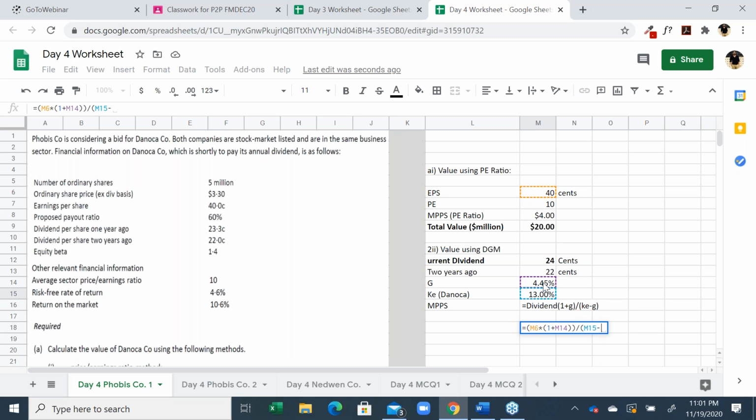From the cost of equity, we need to subtract the growth rate, and the market price per share is in cents, whereas we need it in dollars. So let's put a bracket around this figure and divide it by 100.